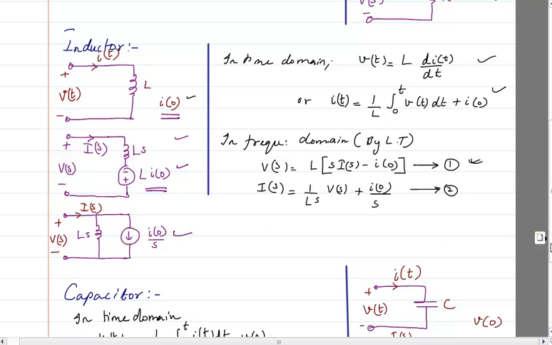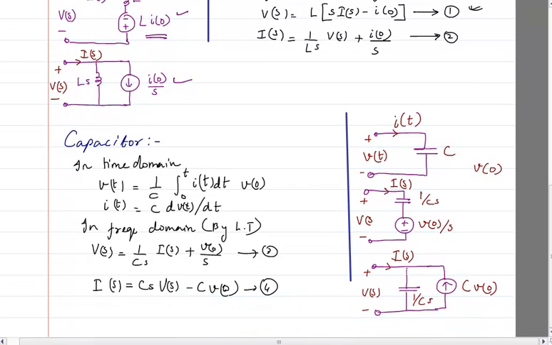In the same way, in the case of a capacitor, if there is an initial voltage to which the capacitance is charged, then that stored voltage will appear as this, and in the parallel circuit it will appear as a current source having this value. Here C gets changed to 1 by Cs.